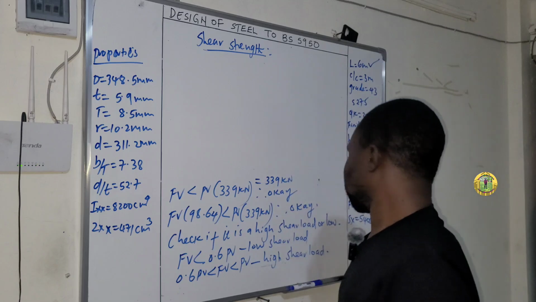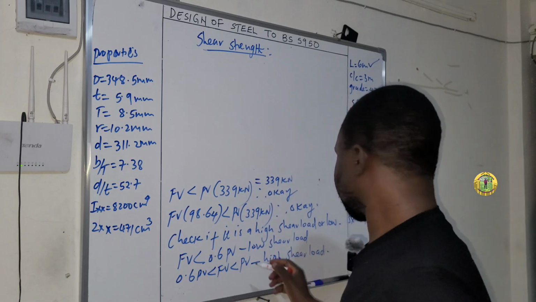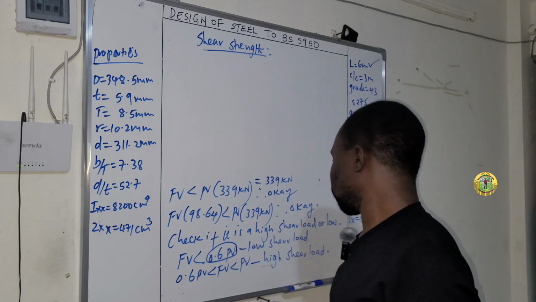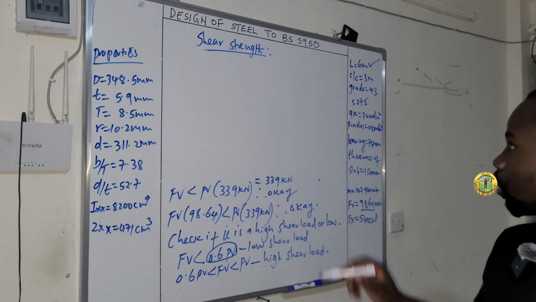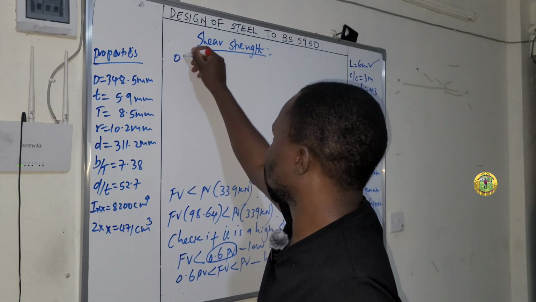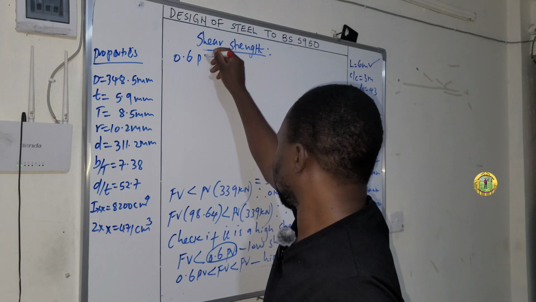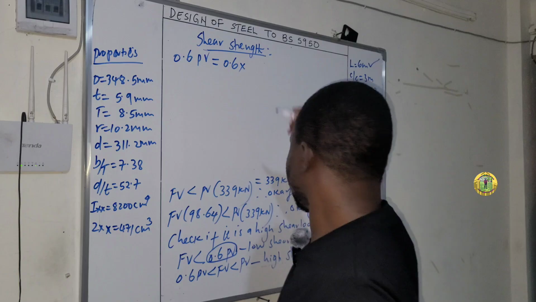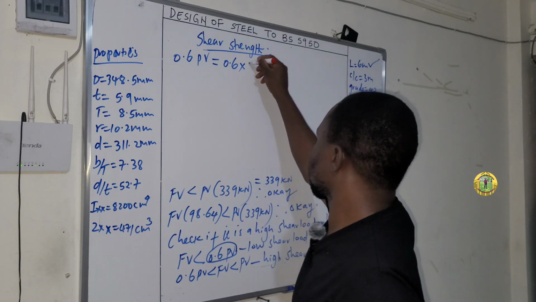So 0.6 Pv is the most important parameter to check if it is a low shear load or a high shear load, so we'll first calculate 0.6 Pv.